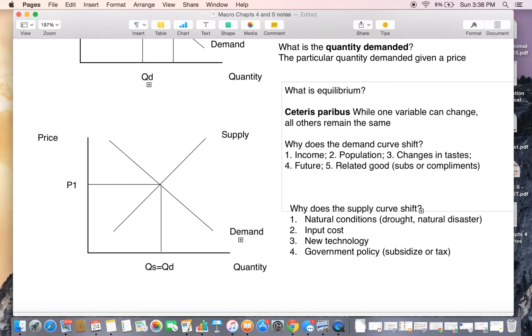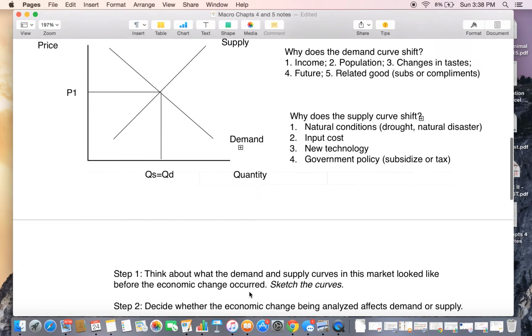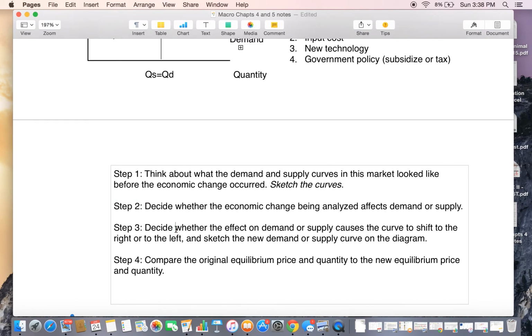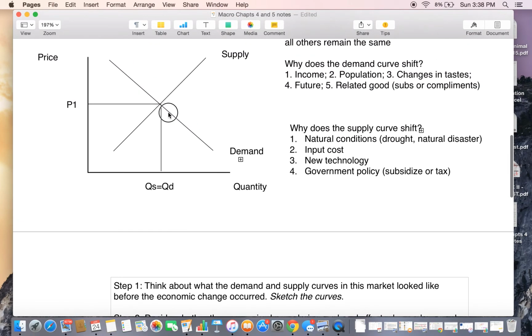I don't know why. So we know that that would influence the demand curve, but how would it influence the demand curve? And this is a pretty easy one. In step 3, you decide whether the effect on demand or supply causes the curve to shift to the right or the left. We have our situation where we're at now. If people are demanding more at every price and quantity, we know that we don't just have a movement along the demand curve because the price didn't change.